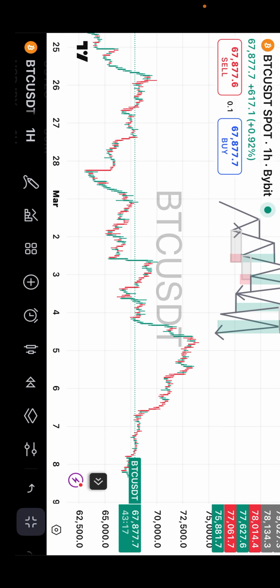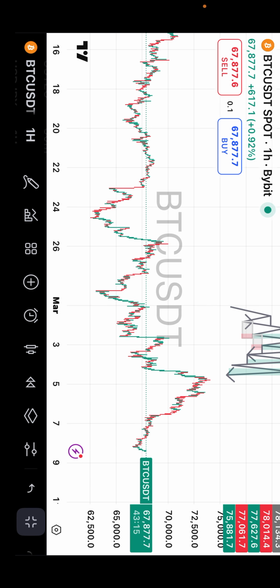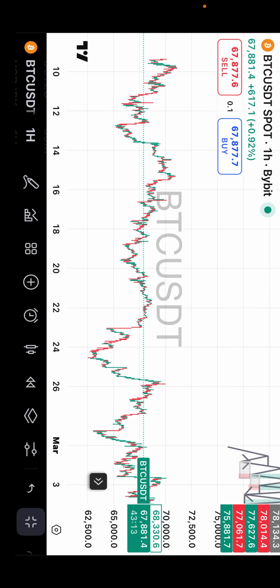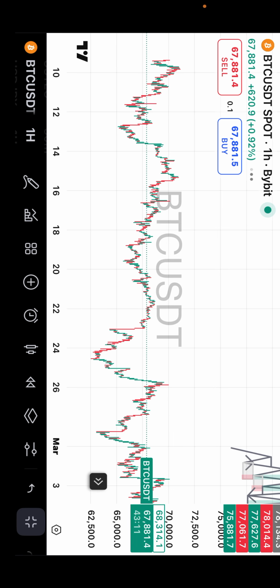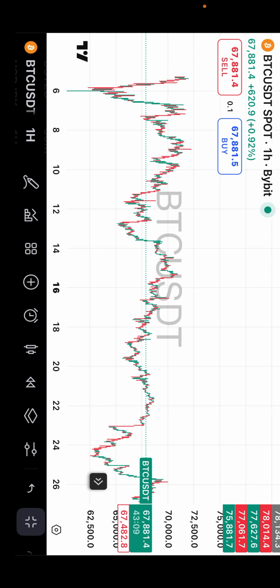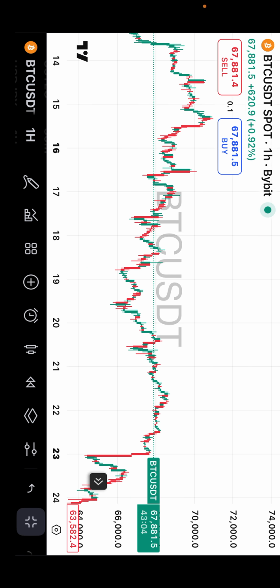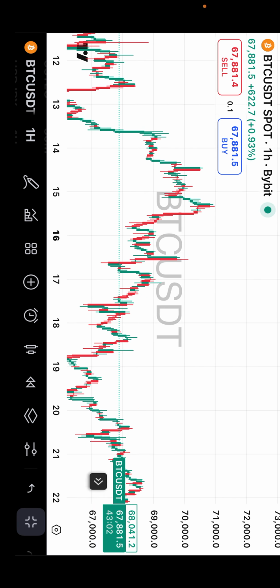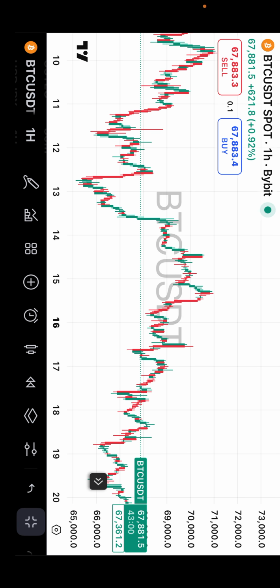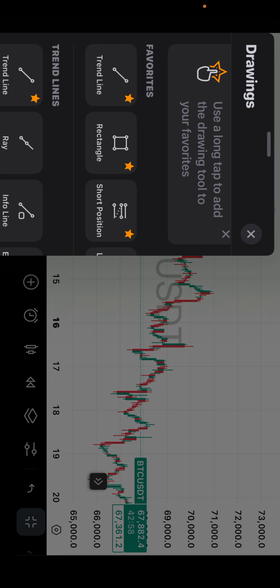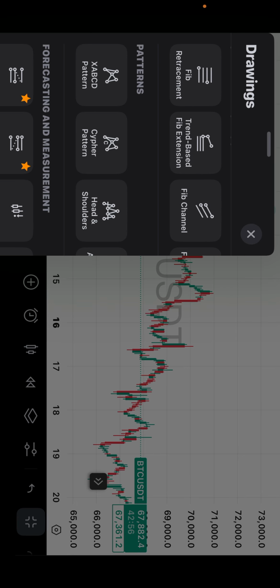Now looking at BTCUSD, you can see that the market has been in a bearish trend from here. So we all can see the market has been in a bearish trend.